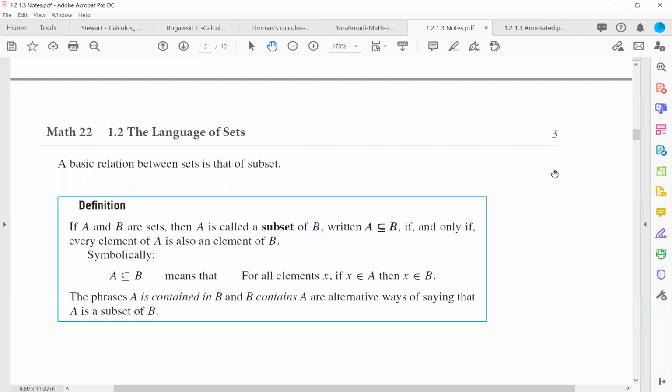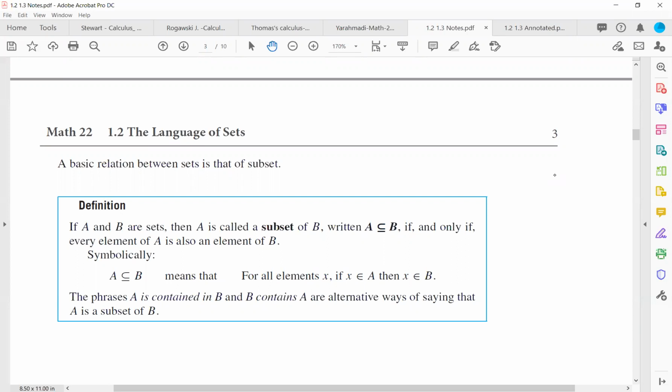Now that you defined a set as a collection of elements, you can use that set and define a new set. This new set is called a subset of that bigger set. So definition, suppose A and B are two sets.